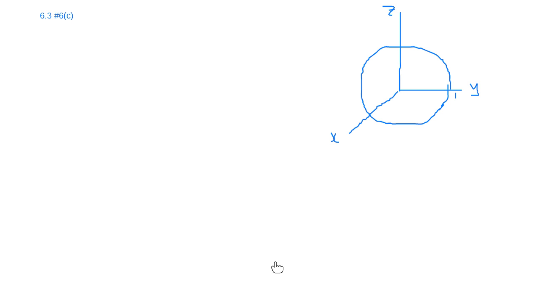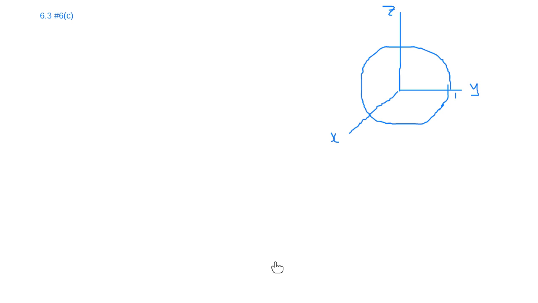So yeah, the sketch looks something like this. We've got a sphere with radius 1.